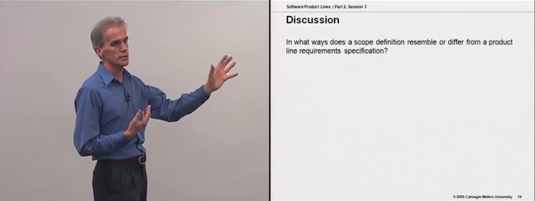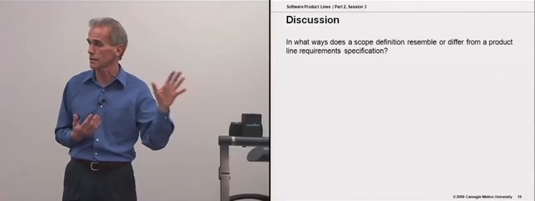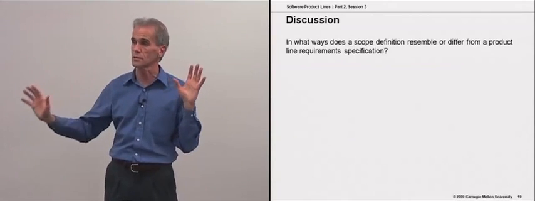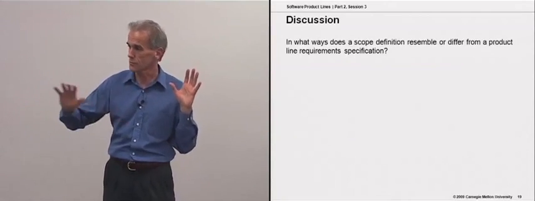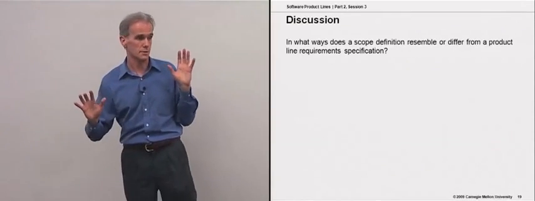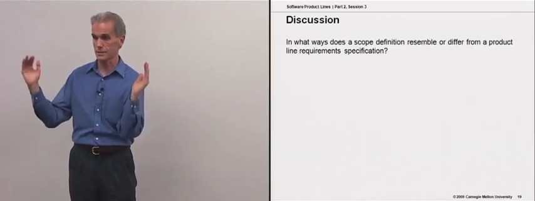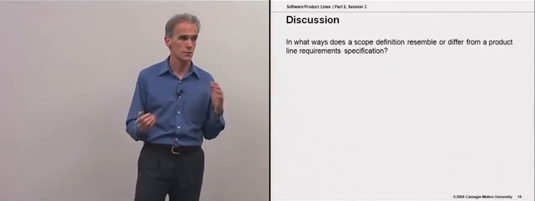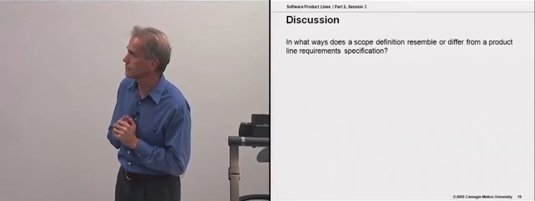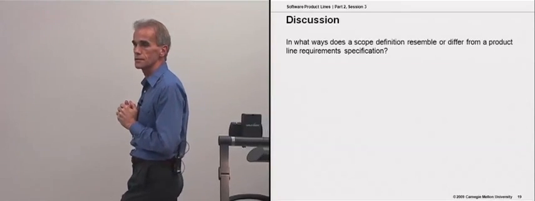There's a scoping document that describes what's in and what's out. There's a requirements document or a requirements model that covers the range of commonality and variability, and that basically also describes what's in and what's out, or at least what's in. So what's the relationship between these two artifacts? Or how do they differ?